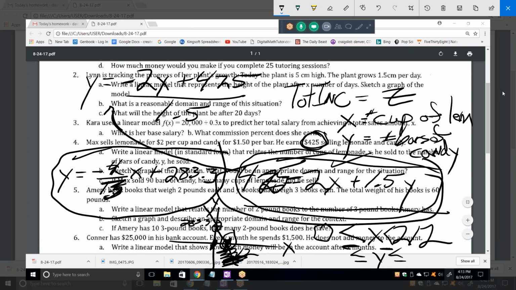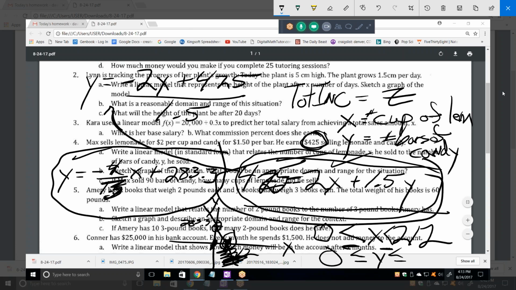So it has to be greater than... the smallest amount of candy bars she can sell. None. 0. Exactly.